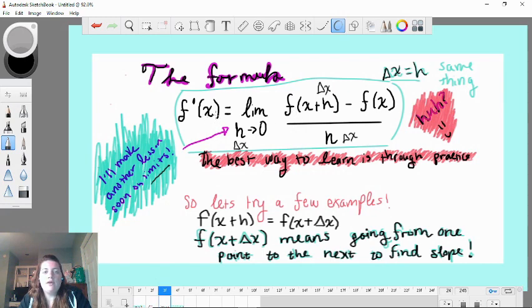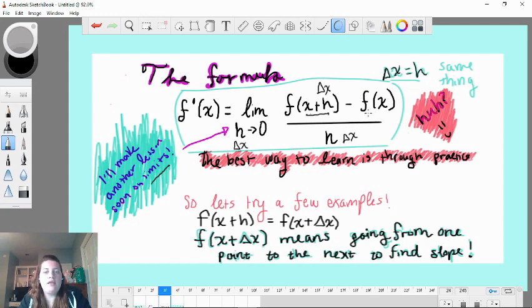So f prime of x equals the limit as h approaches 0 of f of x plus h minus f of x, over h. Okay, so this is probably the most confusing part of this formula, the f of x plus h. f of x is really just, you're given a function of x, so f of x equals x squared, for example.